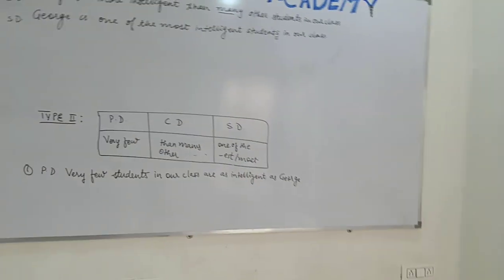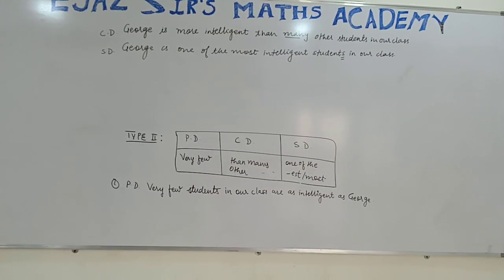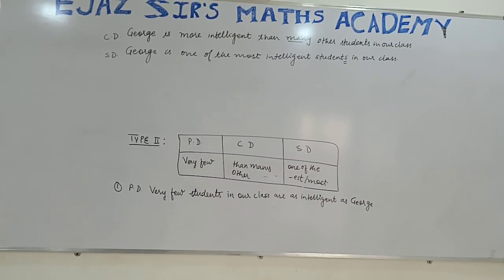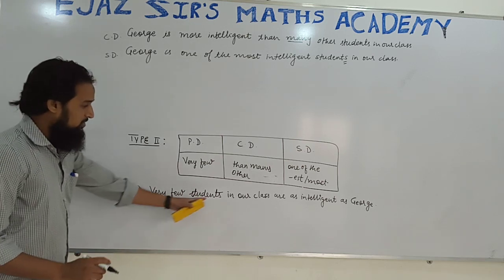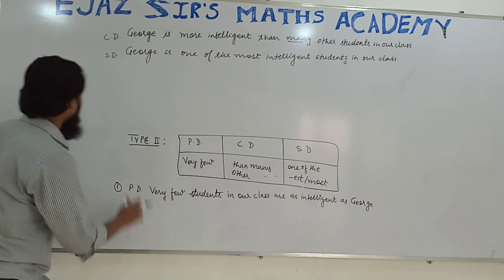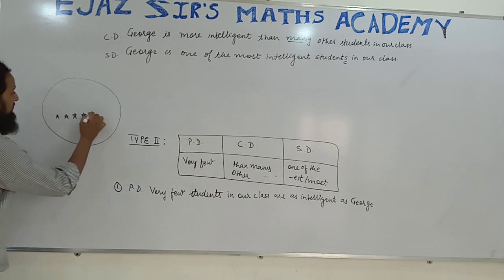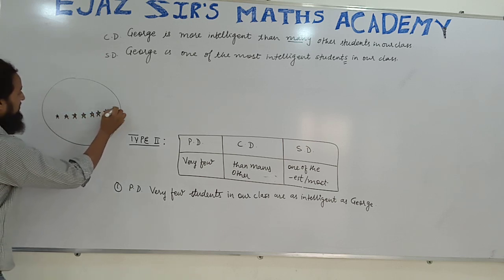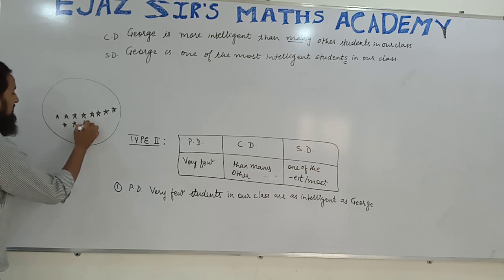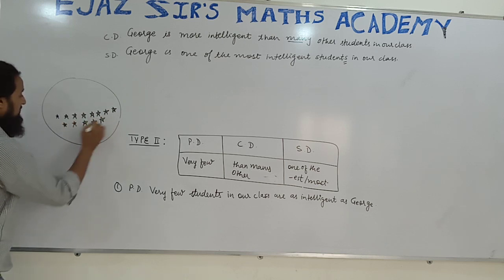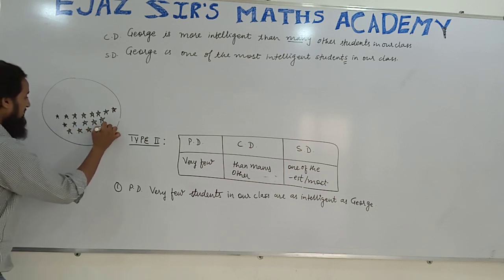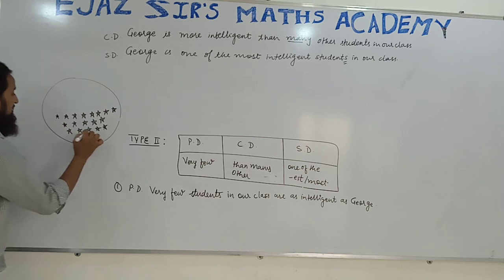Now I will explain the meaning. Let us see how it is correct meaningfully. The meaning must not change. Here I am writing, very few students in our class are as intelligent as George. Let us suppose this is the class and these are the students. 1, 2, 3, 4, 5, 6, 7, 8, 9, 10, 11, 12, 13, 14, 15, 16, 17, 18, 19 and 20.